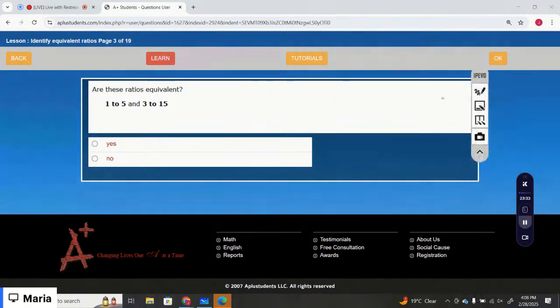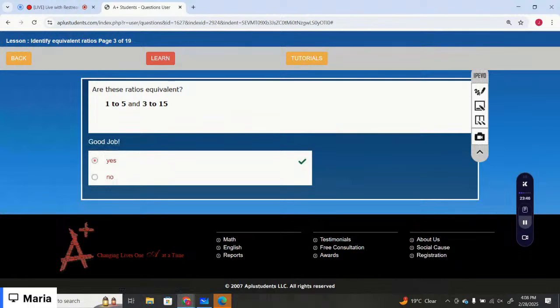Both sides are exactly equal. The ratios are equivalent. Option number 1 is the correct option.